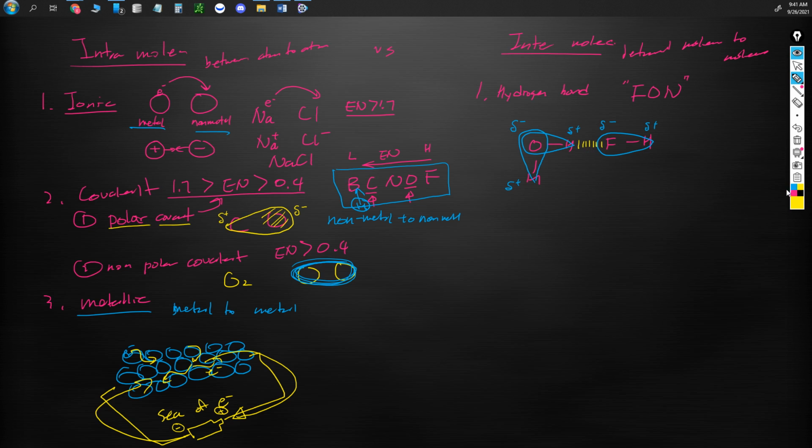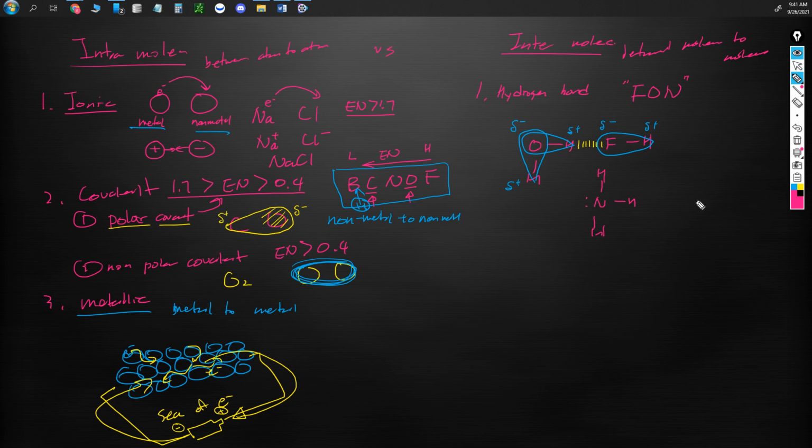Okay, let's take a look at a nitrogen example too. So we have nitrogen with this. Generally this is going to be ammonia, right? So we have a high electronegativity toward the nitrogen.